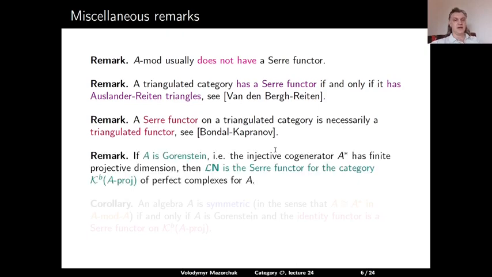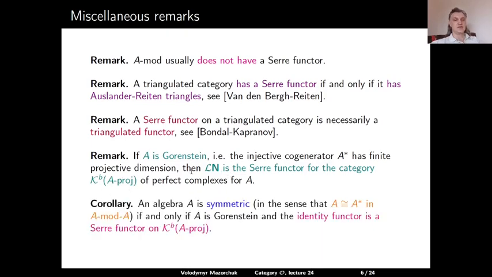If the algebra A is Gorenstein, which means that the injective cogenerator A dual has finite projective dimension, then the left derived of the Nakayama functor is a Serre functor for the category of bounded complexes of projective A-modules. So this is the category of perfect complexes for A.